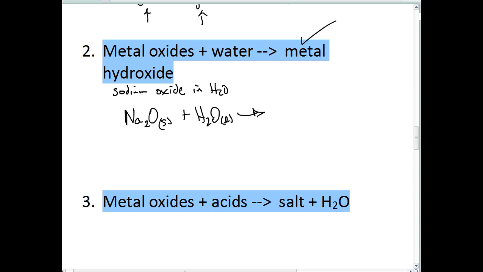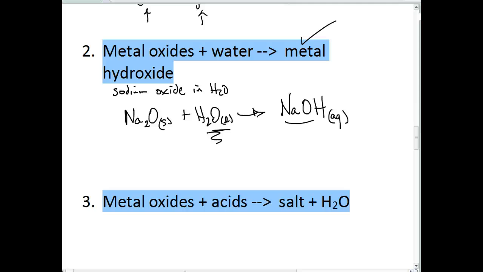So the metal is going to be the sodium, and the hydroxide, well, it's a hydroxide. And if we have water involved, we know this is a strong base. It's going to ionize, so this is going to be aqueous. We could write the net ionic equation for this as well and break up the sodium and the hydroxide into ions, because net ionic equations are cool like that.